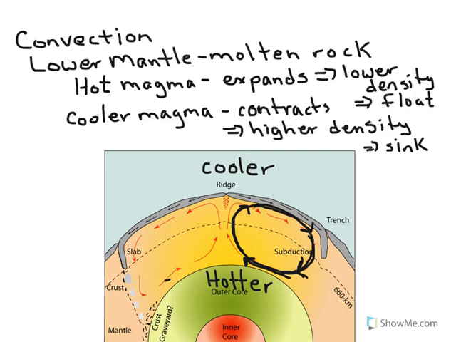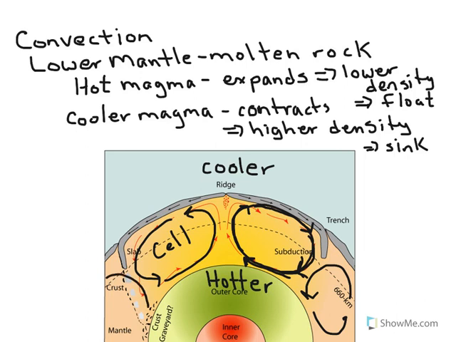And notice that there are multiple places where this is going to occur. And so each one of these little regions where you have that cycle taking place is called a convection cell. And these cells are adjacent to each other.